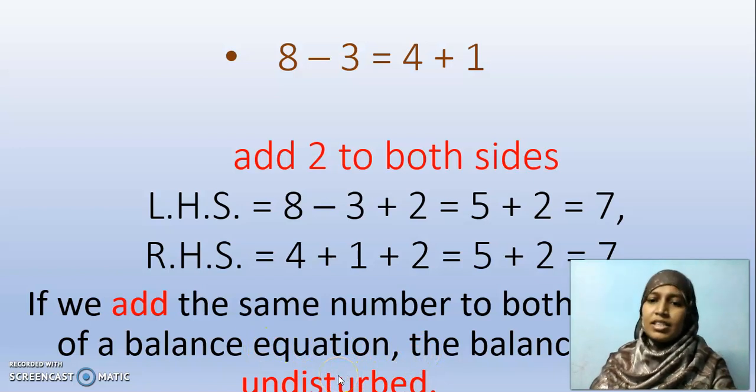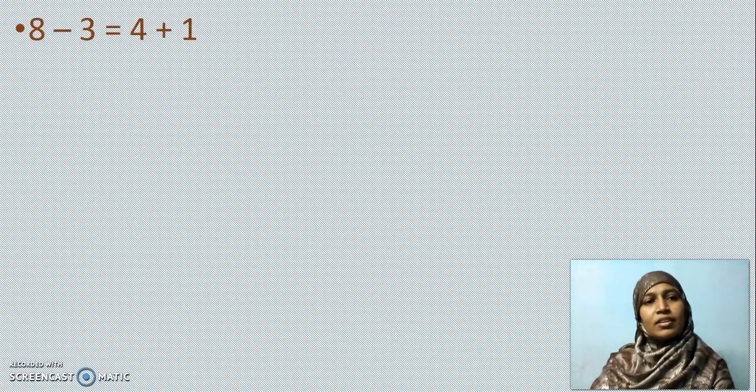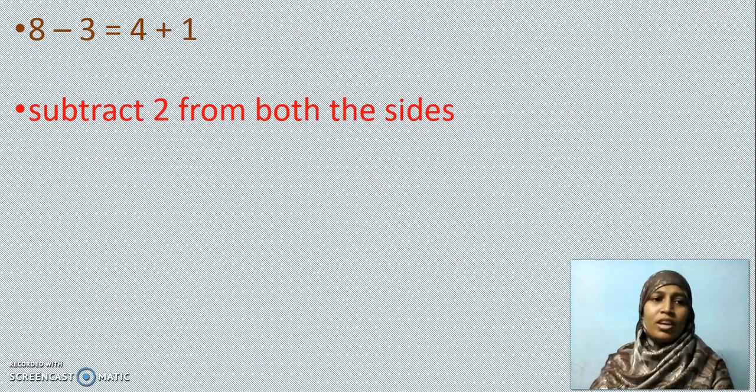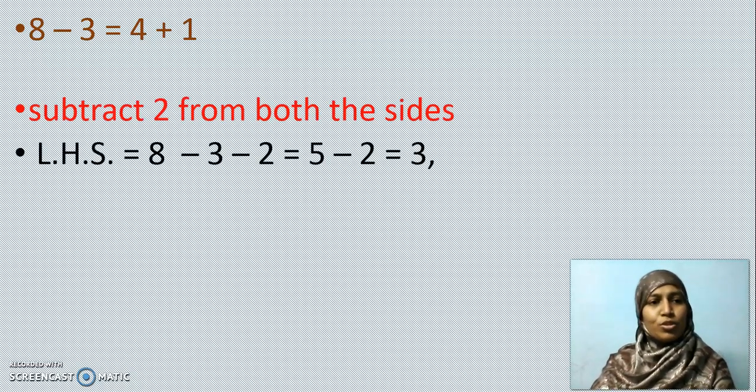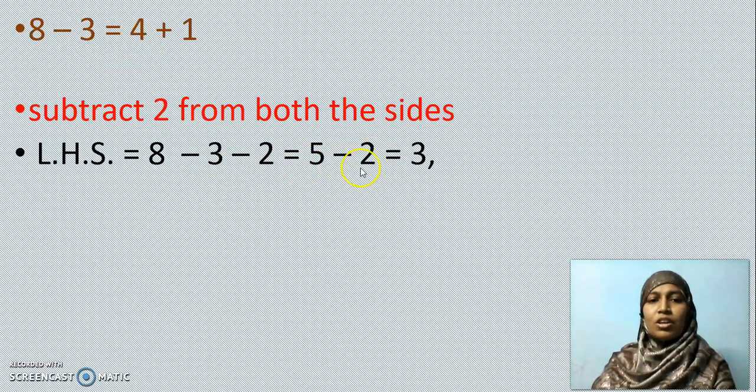is undisturbed. Can you tell me what will happen if I subtract on both sides? Shall we try it? Okay. Subtract 2 from both sides. What will happen now? 8 minus 3 is equal to 5. This minus 2, I am subtracting it. I get 3.